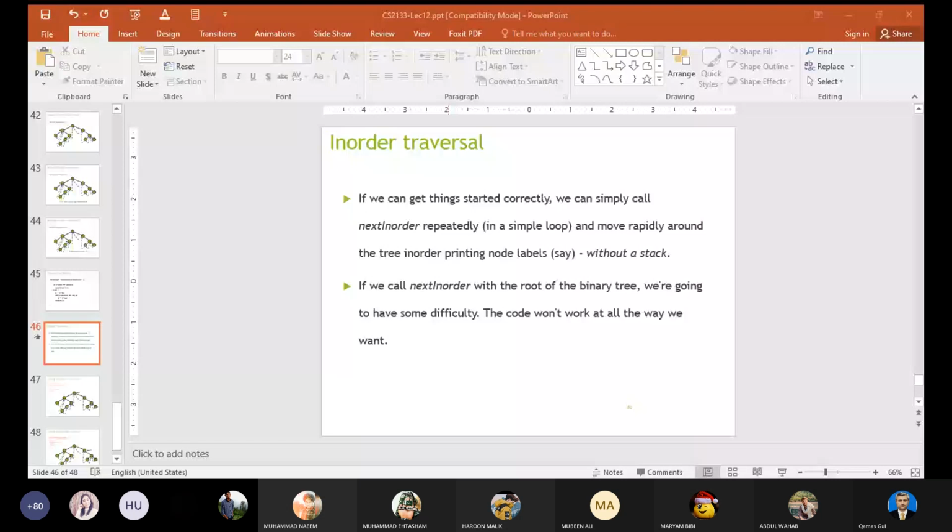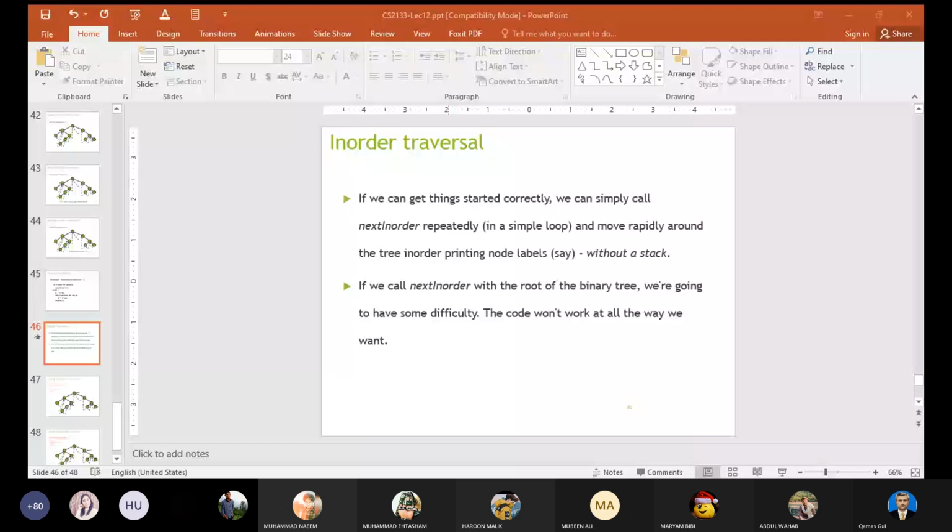So if we take this code, which we have defined in the next in order routine or function, and we want to apply it on the following example. See, the p pointer of next in order initially points to the root node. So what is the first line of the code?